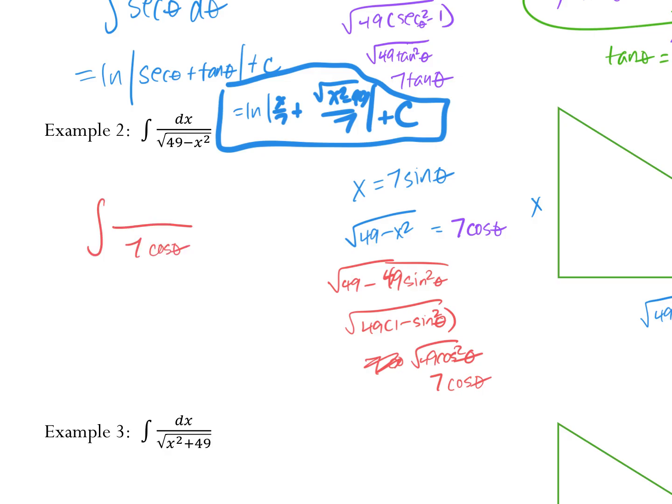Since x is 7 sine theta, I take that derivative. Are we good in terms of the thought process here? So now I have dx equals, I'm not very good at derivatives, but I think the derivative of sine is cosine, so 7 cosine theta d theta. And then I put 7 cosine theta d theta. Holy moly. How we feeling?